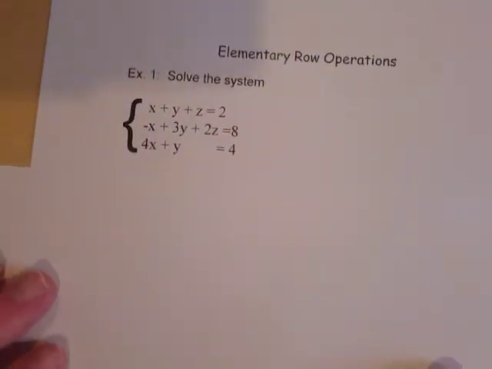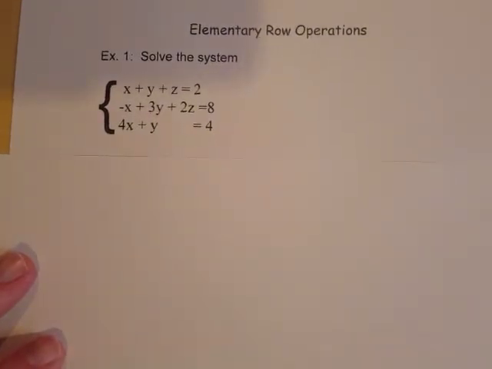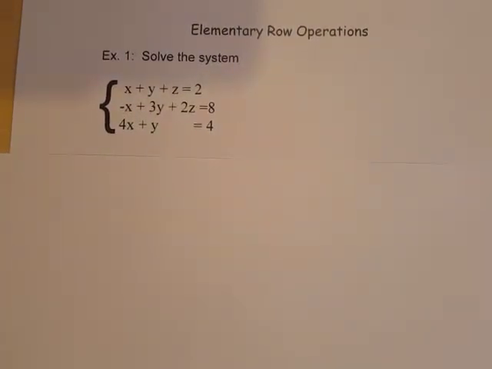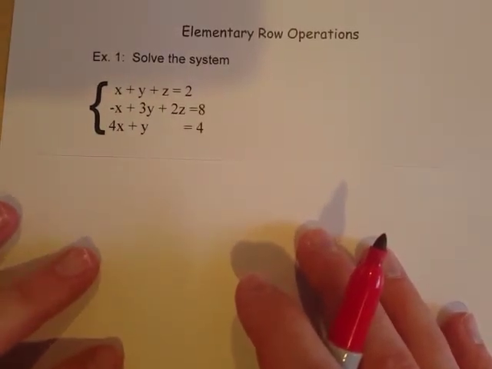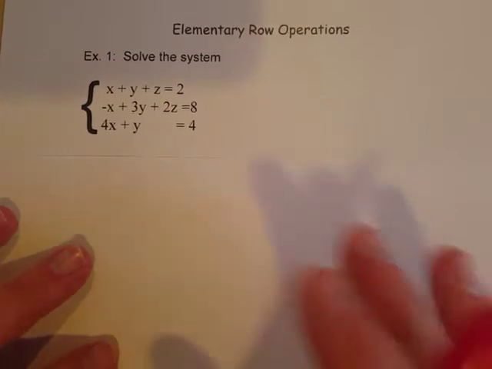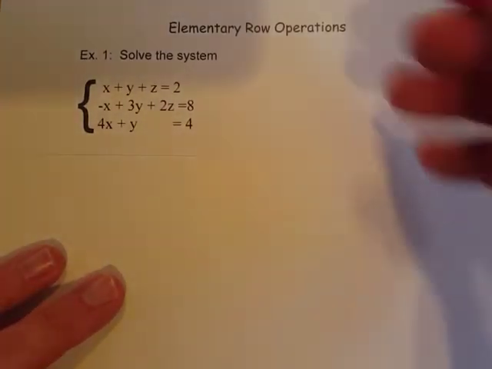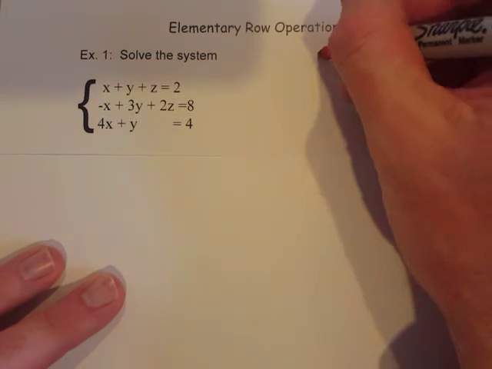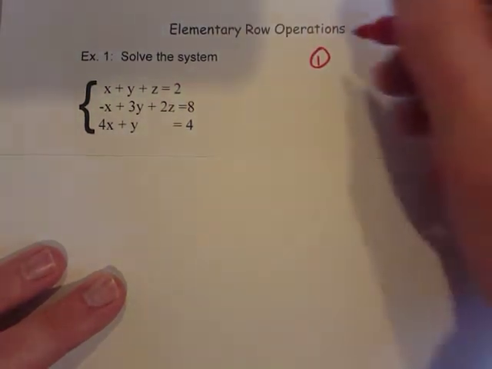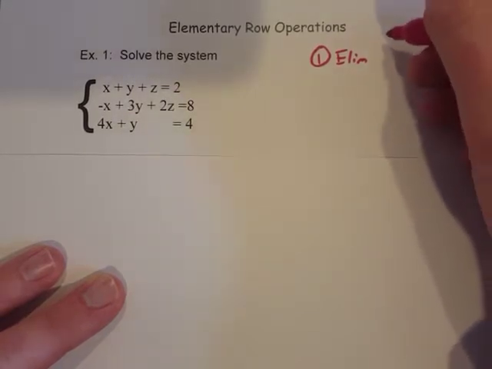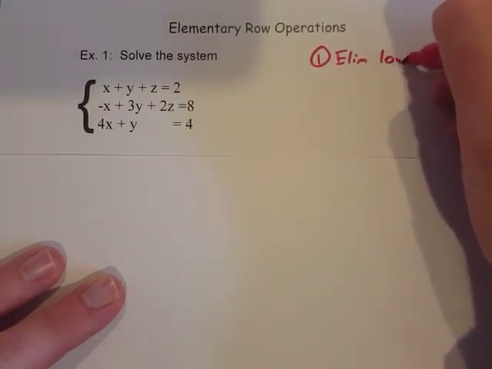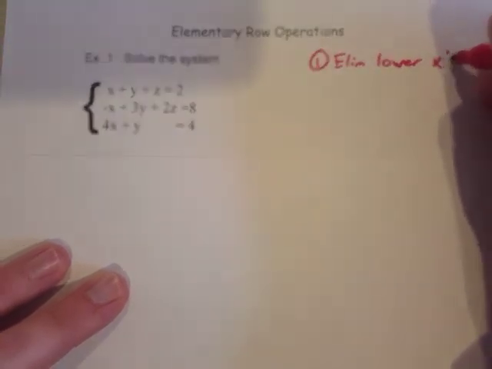Here is that example. We are going to solve this system of equations using the elementary row operations, and I think there is a specific path that we need to take in this one. I won't always tell you to do it my way, but in this case I really think you're going to need to do that. Number one is we're going to eliminate, because this is basically elimination in all this, the lower x values.